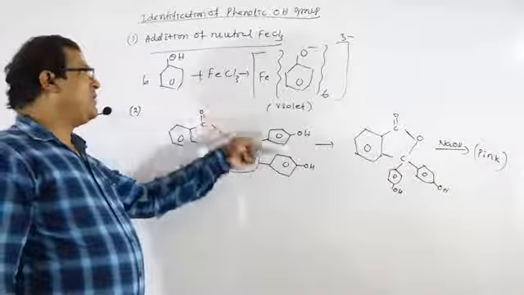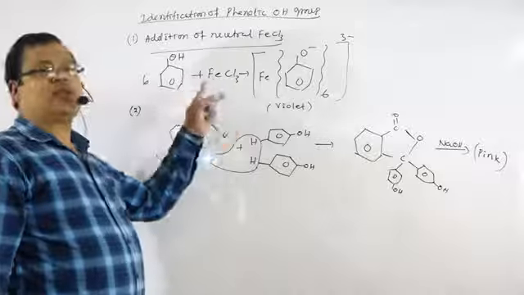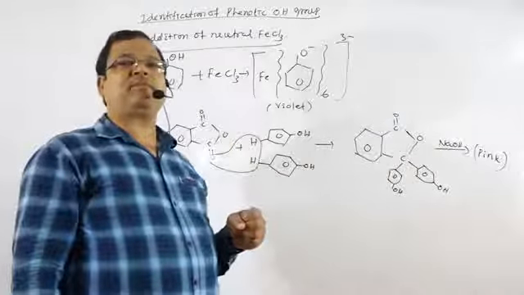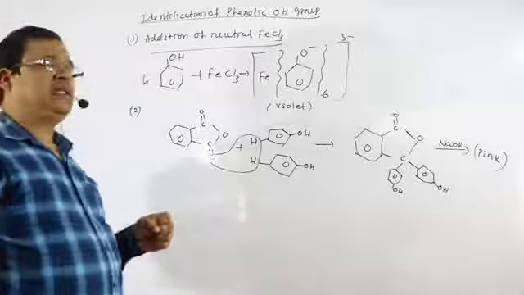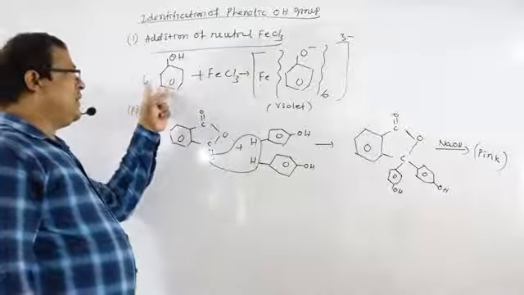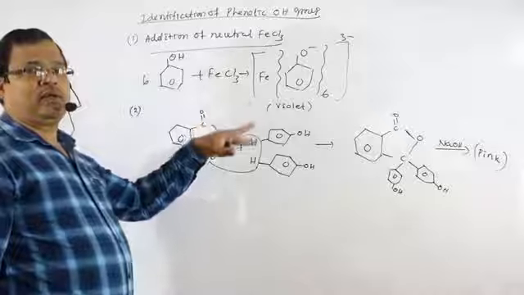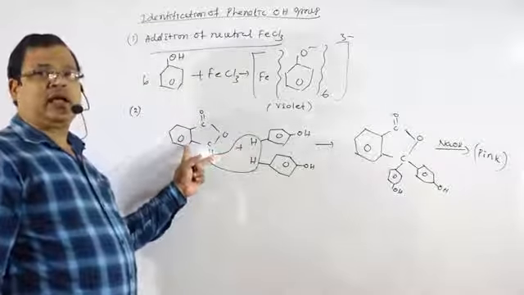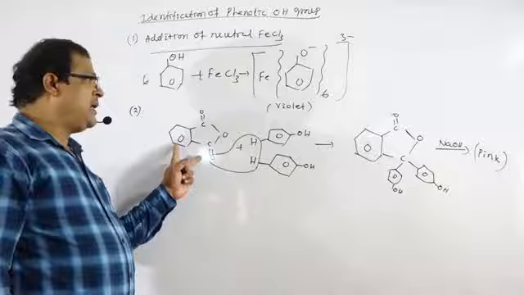We are just summarizing the different tests to identify the presence of the phenolic OH group in the benzene ring. Phenol reacts with ferric chloride to form a violet color complex, or phenol is treated with phthalic anhydride to form phenolphthalein, which when treated with NaOH gives a pink colored material. Or we can take phenol in aqueous medium with aqueous Br2.